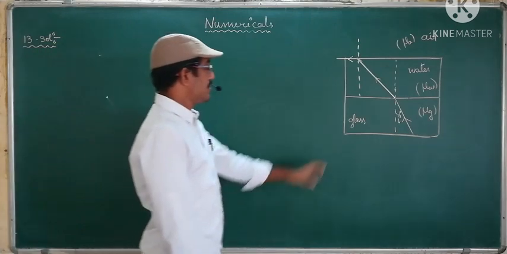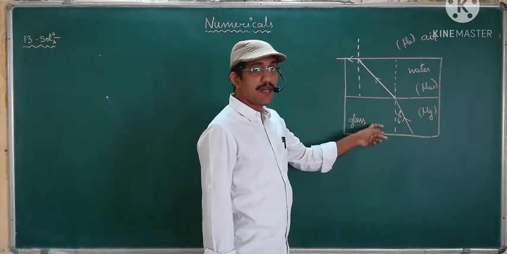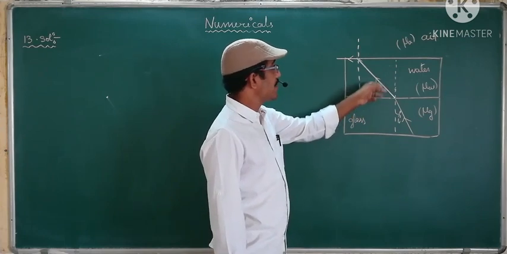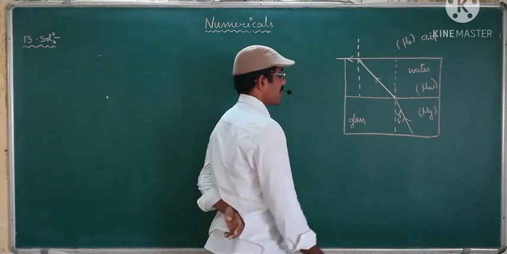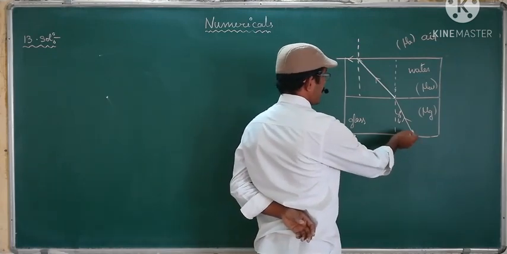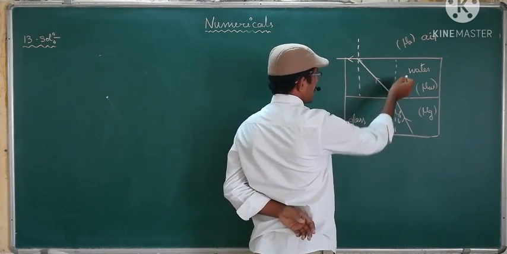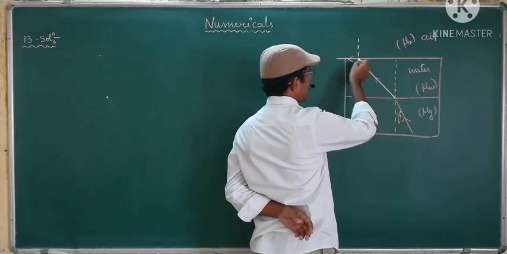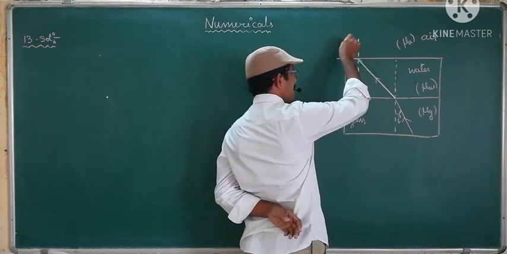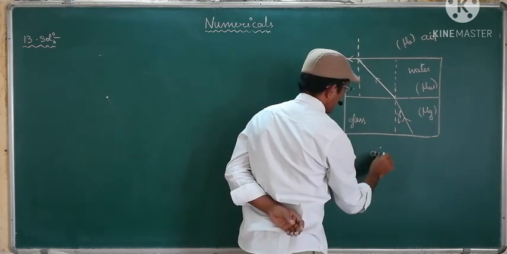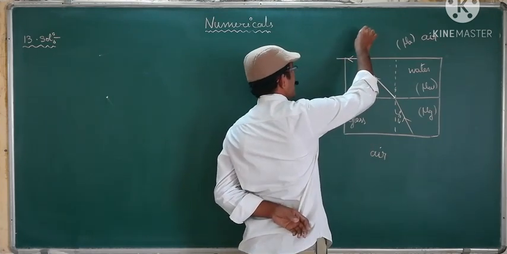Here, two media are given: one is a glass medium, another is a water medium, and another is the air medium. So light is incident, meaning light is first passing through the glass at the boundary separating water and the glass. So it is refracted, and finally it is refracted from water to air. So this is air to glass, glass to water, water to air.